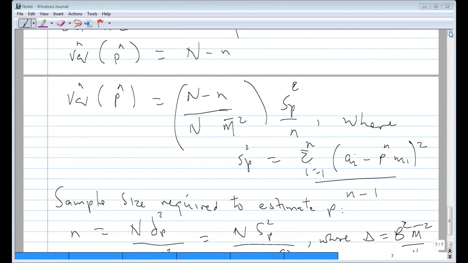Okay. So now let's quickly go to the examples. Example 7.7. It's on page 61.